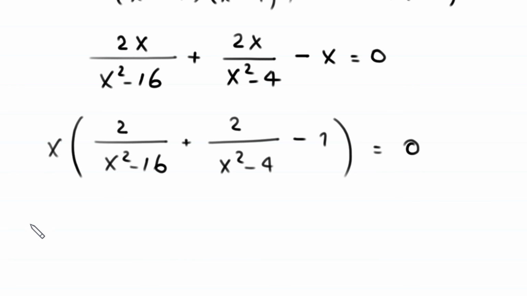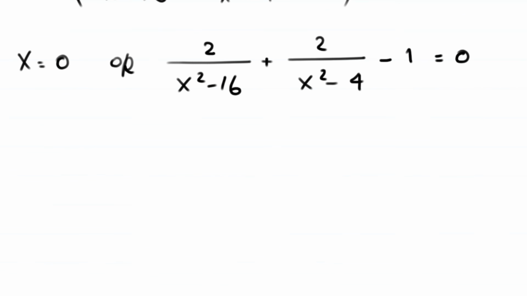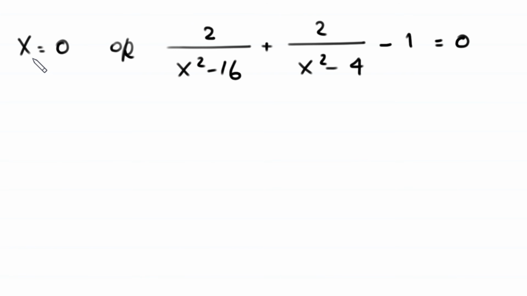Either x equals 0, or this second factor, 2 divided by x squared minus 16 plus 2 divided by x squared minus 4 minus 1, equals 0. This 0 is the second solution of this equation, and to find the other solutions, we solve this equation.